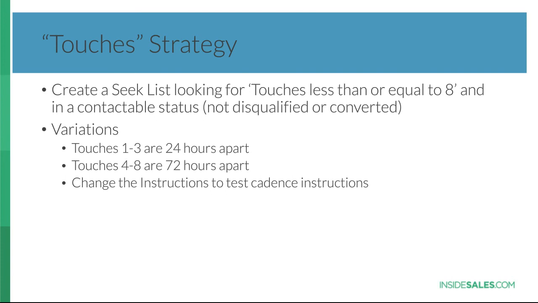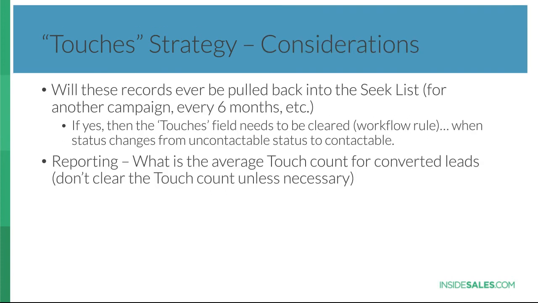But before that, if I wanted to run a report to look for, of all of my disqualified records, how many touches did I get into those, or even my converted leads, how many touches did I get into that? If you change that touches field too early, then you might be missing out on those benefits. I hope that was clear. Sorry, guys. Talking through some of these things can be a little difficult.